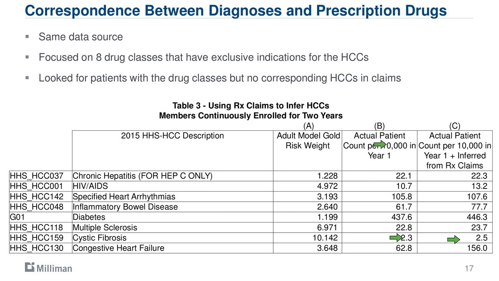So column B is the prevalence based off of diagnoses on medical claims only. Column C here, on the other hand, looks at the combination of diagnoses and drugs, and the addition is the enhancement that comes from the drugs. So how much is that worth in terms of risk scores?